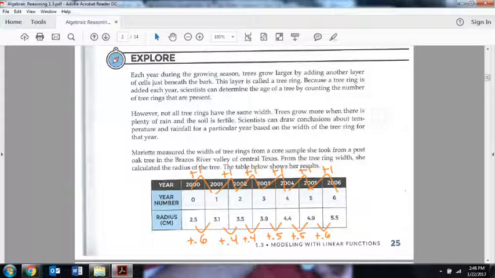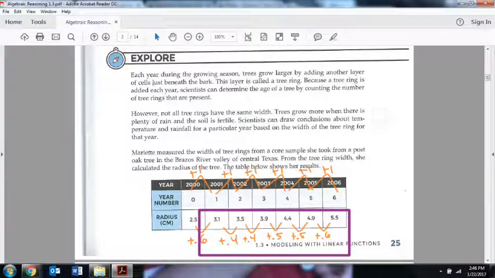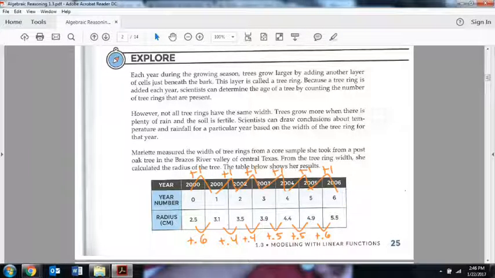So what we're going to do here is we are going to find the average rate of change. We are going to average those differences together to find a general rate of change. So in this case, the way you find an average, remember, add them all up and divide by how many there are. So we've got to find the average change in y.